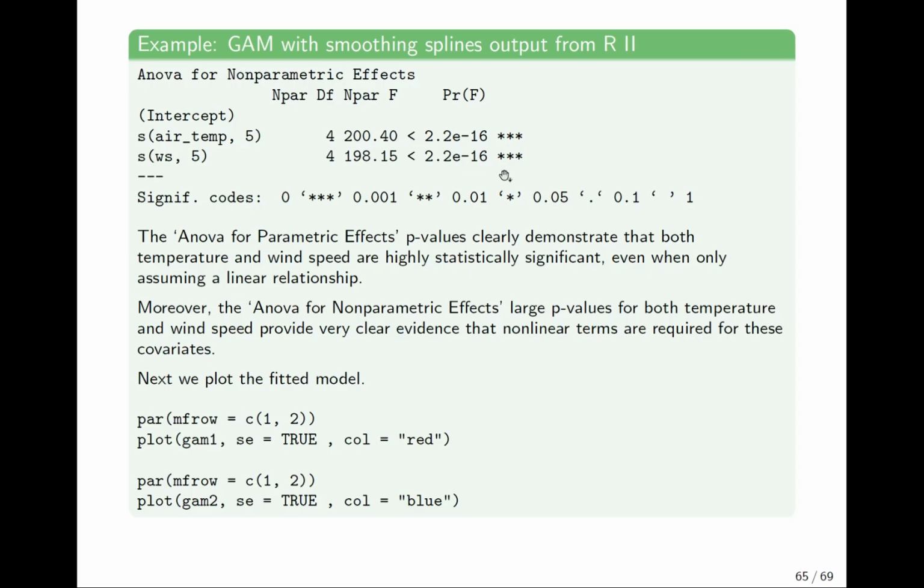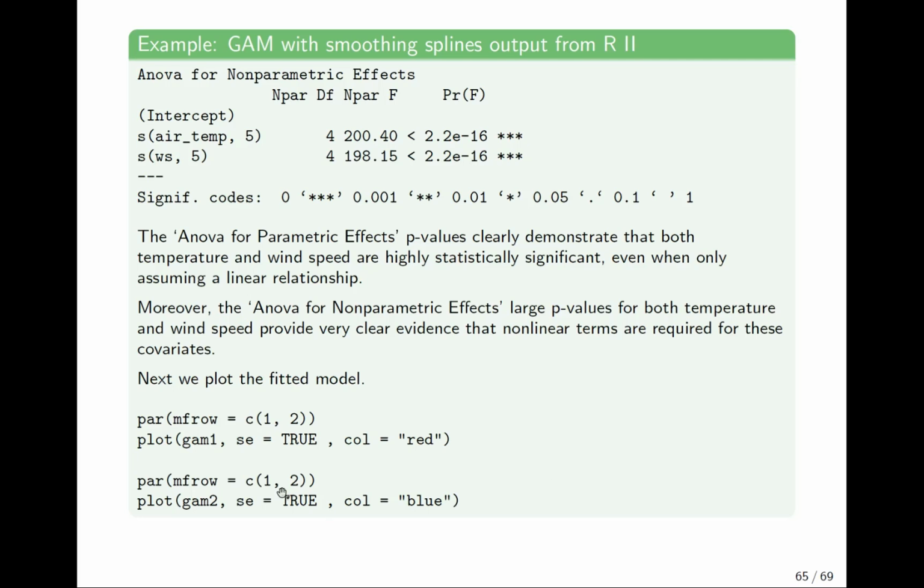Moreover, the way to interpret the ANOVA for non-parametric effects is that the small p-values for both temperature and wind speed provide very clear evidence that non-linear terms are required for these covariates. So in other words, the non-parametric effects are adding value to the model.